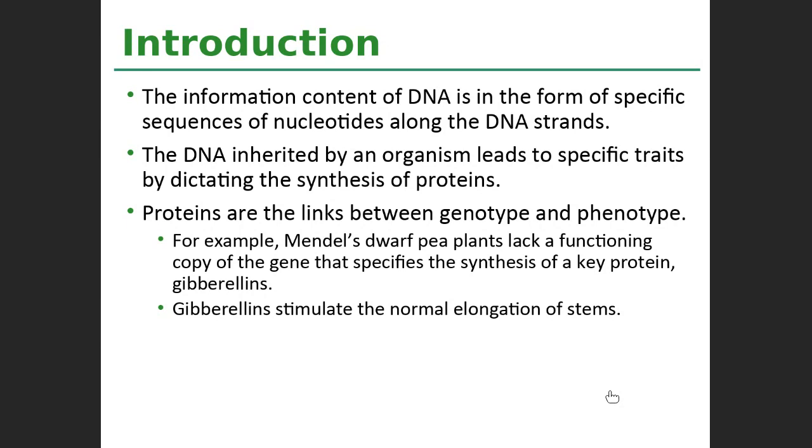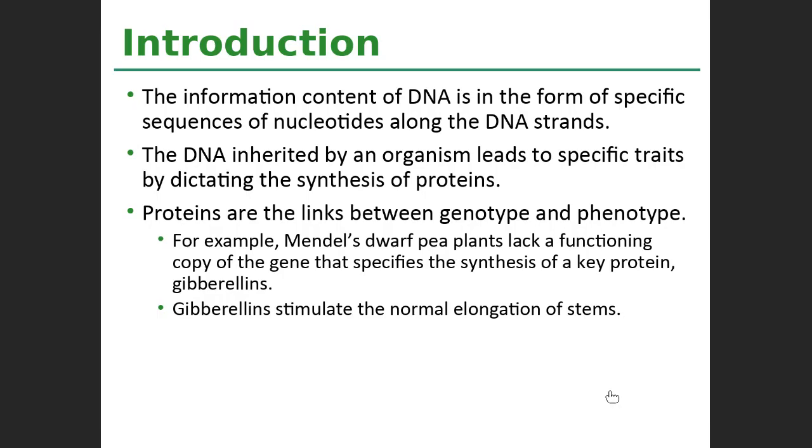And it's the proteins that give organisms their characteristics. And when we get into genetics, we'll learn more about genotype and phenotype. In this example, Gregor Mendel was a monk who is considered the father of genetics, even though he didn't know anything about the molecular aspects of what was going on, but he made many observations.